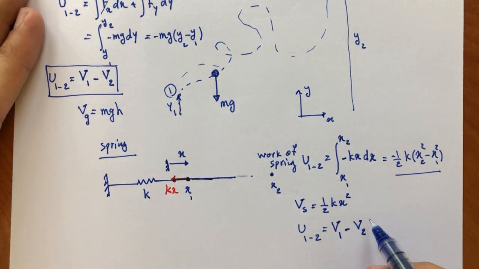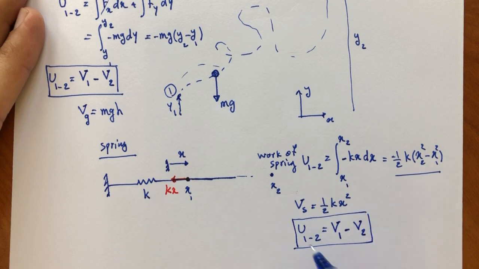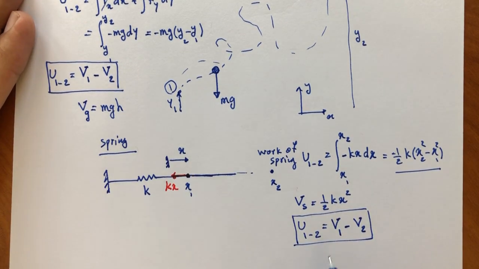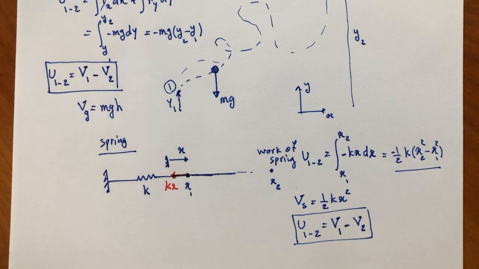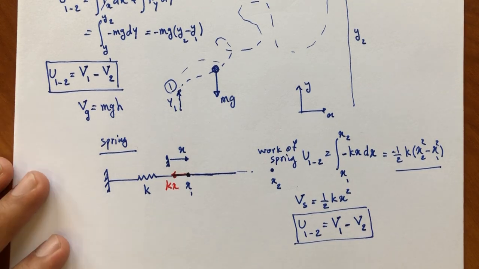So for both the spring and the gravitational force, the work is the potential energy at the beginning minus the potential energy at the end. This is true for all conservative forces. And actually, that's the definition of the potential energy. It comes from here. That's another important point to know.